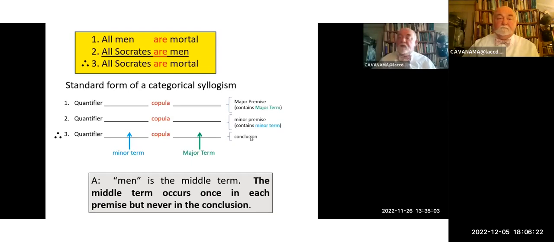So you've got three terms, and each of the three terms occurs twice in the syllogism. The subject term and predicate term are both in the conclusion, with the subject term once in a premise and the predicate term of the conclusion once in a premise, and the middle term once in each of the premises, but never in the conclusion.